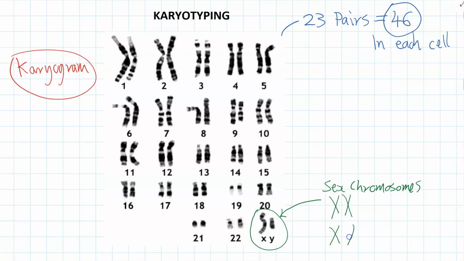And someone who's biologically male will have an X and a Y. Of course, that's just talking about the sex of someone. We're not talking about gender at all here. And we're not talking about intersex people because there are some other combinations. Some people have just 1 sex chromosome. Some people have 3, 4, or even more sex chromosomes. And that's some of the ways people can be intersex.